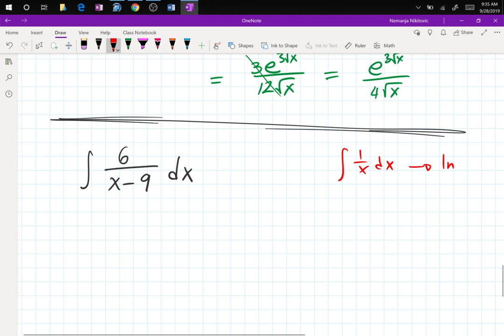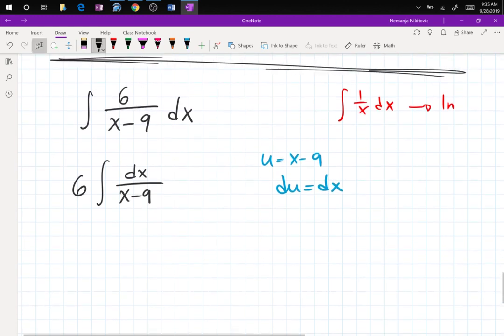So the way we do this problem is we first kick the 6 outside. We have, you can also call it dx over x minus 9 if you want to. And we create our u as x minus 9, and the du is just dx.